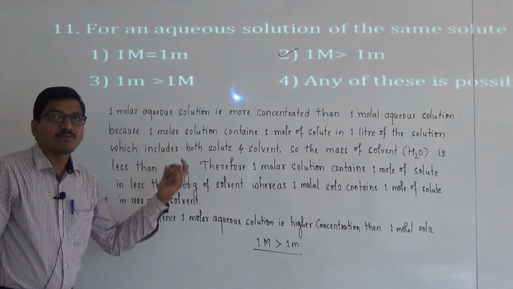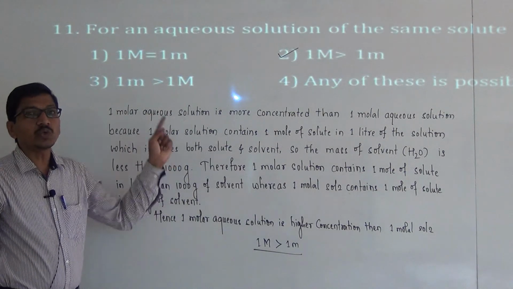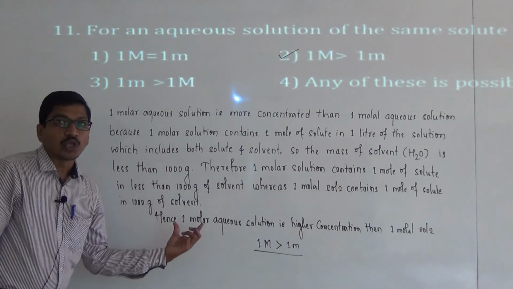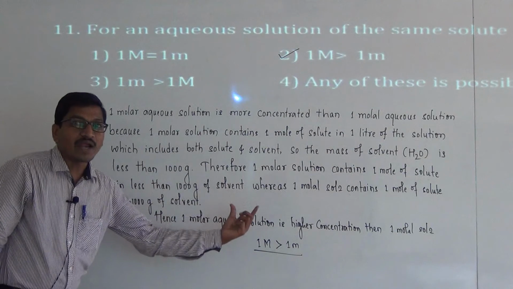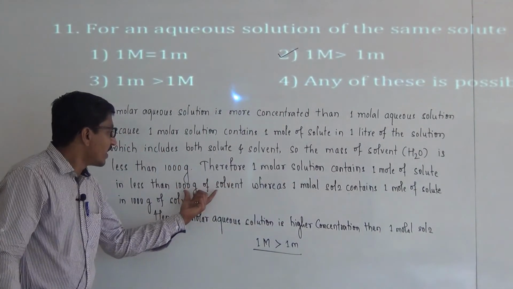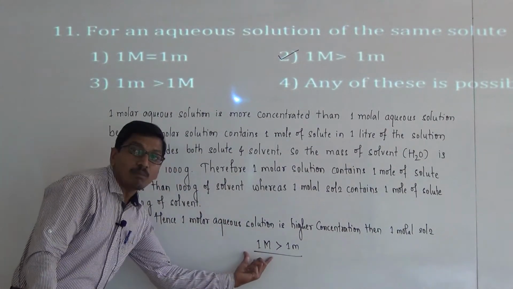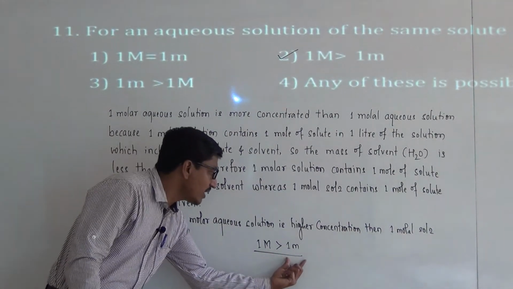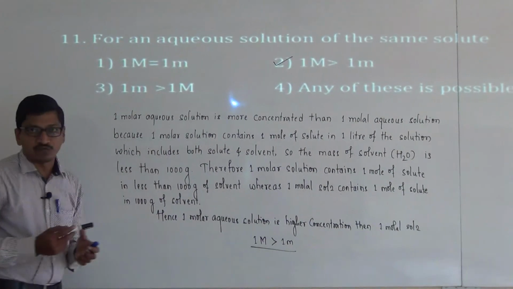Therefore, the 1 molar aqueous solution contains 1 mole of solute in less than 1000 gram of the solvent, whereas in molal solution 1 mole of solute is present in 1 kg or 1000 gram of the solvent, and hence from this statement the 1 molar solution is higher concentration than 1 molal solution. The second statement is the correct one.